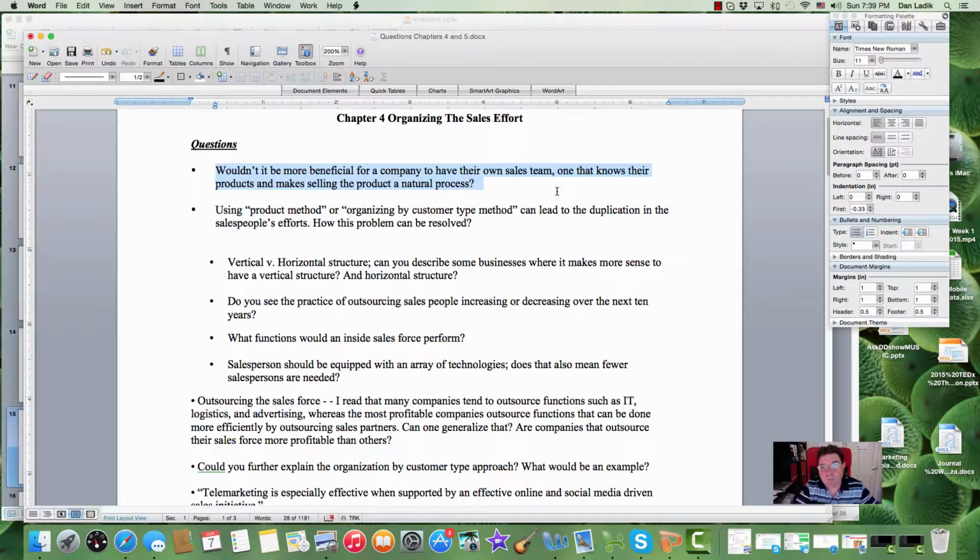So if you have a rep force, an external sales agent, and this rep force goes into the wholesaler, and they rep a water heater company, they rep a faucet company, they rep a pipe company, they rep 5, 6, 7, 8, 9 different companies, so that when they go into the wholesaler, they're not just talking about one particular product because that's the only thing that the company carries. So that's a good example for why you need an external sales force.